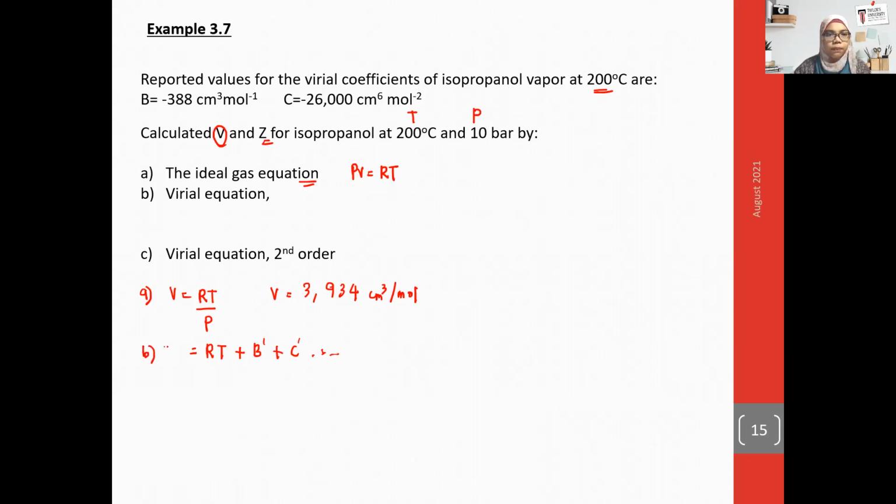So we have P equal to RT over V squared and so on. So if we have V here equal to RT over P plus B, right?